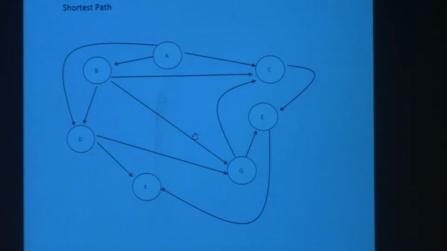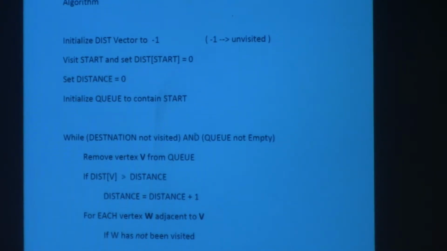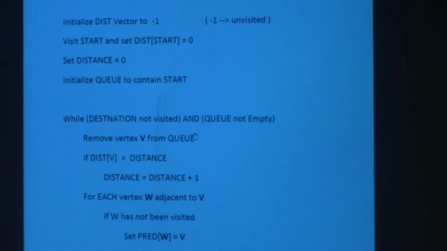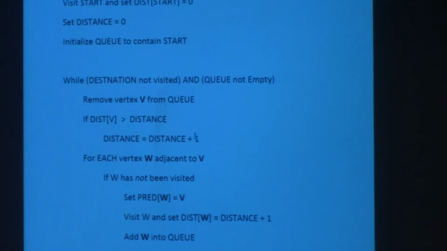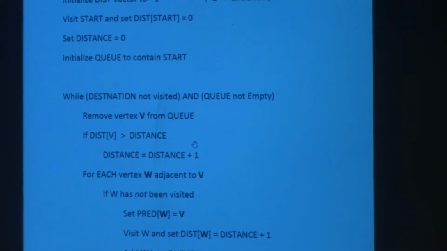So we will visit G as a node that's 2 units away from A. So when we go to the algorithm, this is basically the BFS algorithm with some modifications to keep track of where we are, where we came from. I'll give you an example of that in a second.